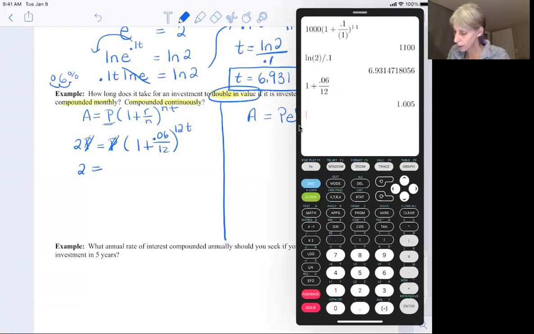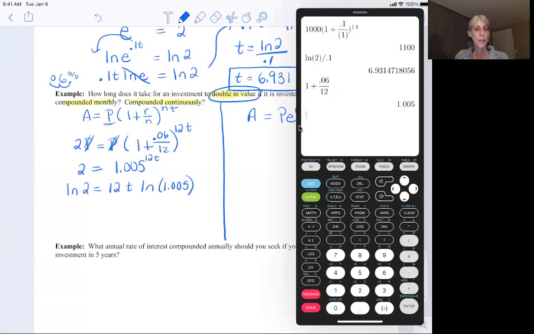So this is really 1.005 to the 12t. ln both sides. ln of 2 equals, now here, you can bring your power down right away if you'd like. This time I don't have ln of e, so I'm going to have to do a couple more steps. Remember, trying to get the t by itself, that's your variable. So I'm going to divide by 12 times ln of 1.005.